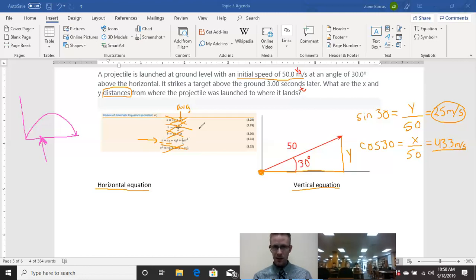So my a value, even though the problem didn't state it, because this object is subject to gravity, is actually going to be my g value, which is -9.8 meters per second squared. Remember that anytime you have a projectile, your acceleration is going to be negative 9.8. Hopefully I've demonstrated to you that that fourth equation is our best bet for getting our answer.